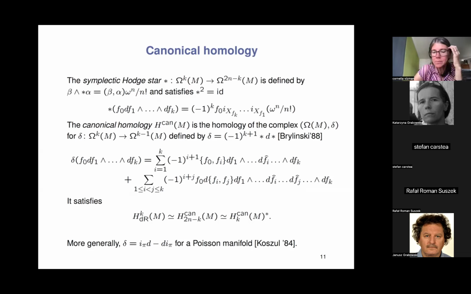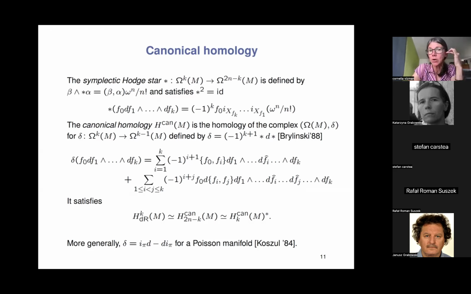If there is a Poisson structure, then we have this differential delta that is given by contraction with the Poisson tensor. But in the symplectic case, we have concrete formulas which we needed in our computation.